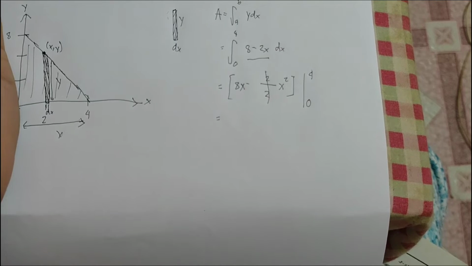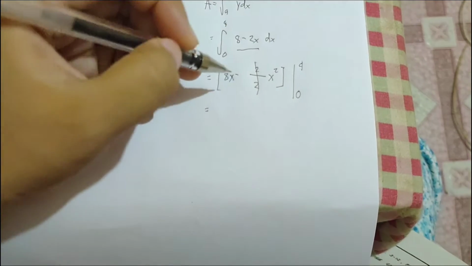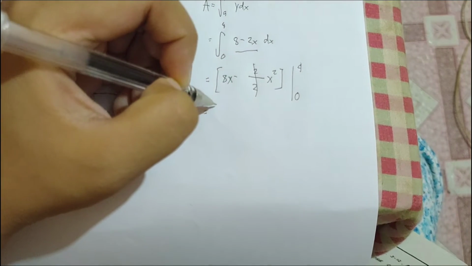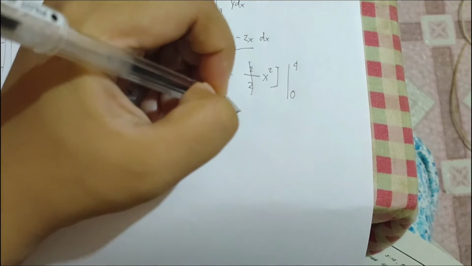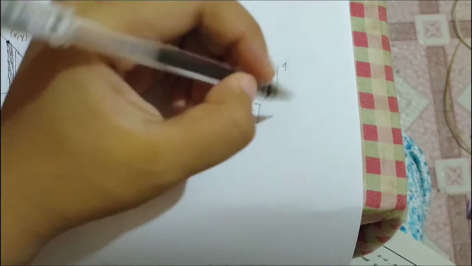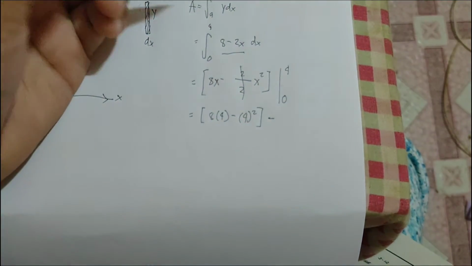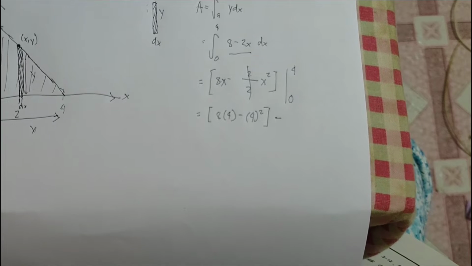So we will just easily plug in our limits. It would be 8 times 4 and then 4 squared. Since our lower limit is 0, if we plug in 0 to our x, it will be 0.